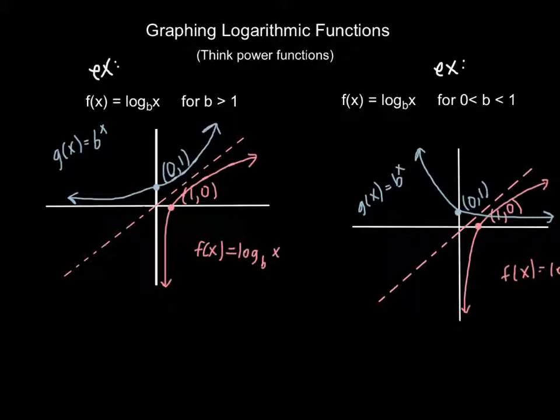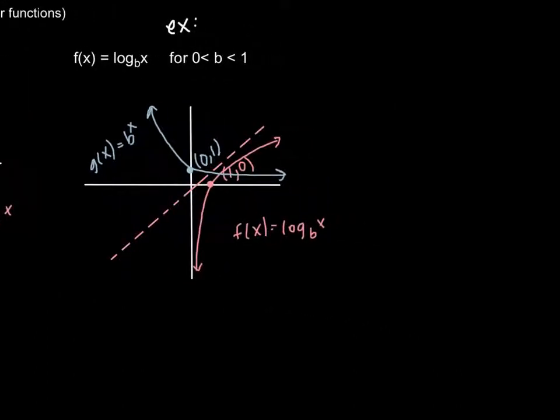For example, we could have f of x equals log base 8 of 25. On the right here, we have f of x equals log base b of x, but this time b is in between 0 and 1.